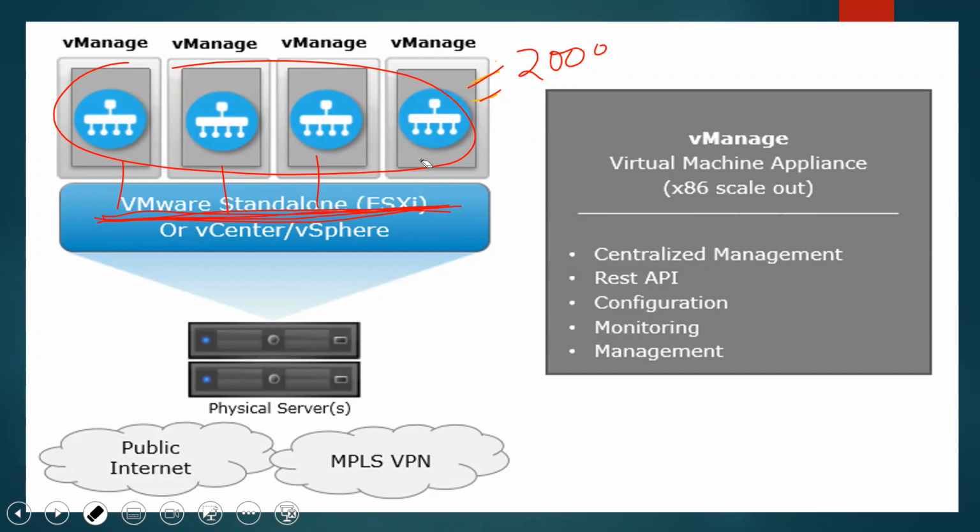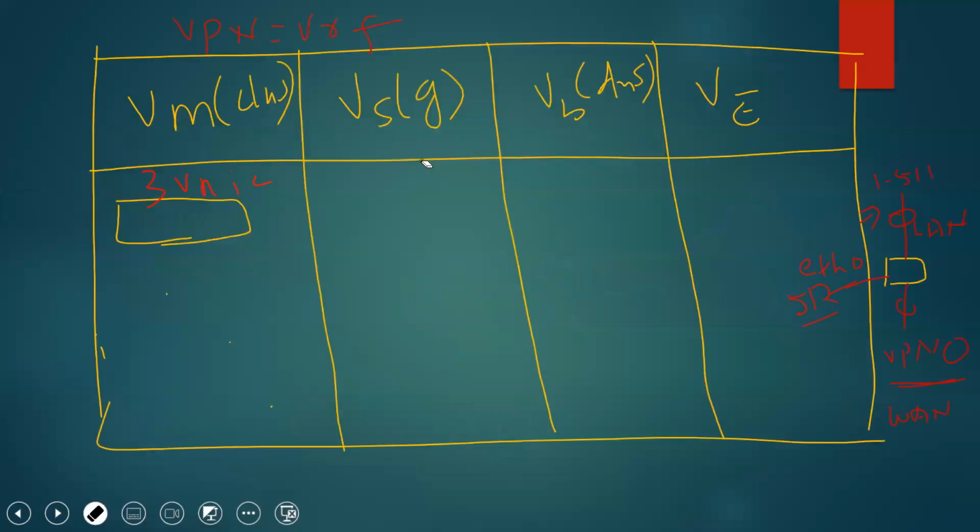The other reason is this: suppose we have only one management plane, and if somehow it reboots or becomes unavailable, then obviously for high availability we need more vManages in a cluster, right? So that's why, if you form the cluster, you need an extra interface.